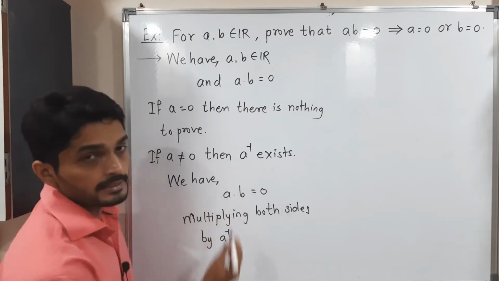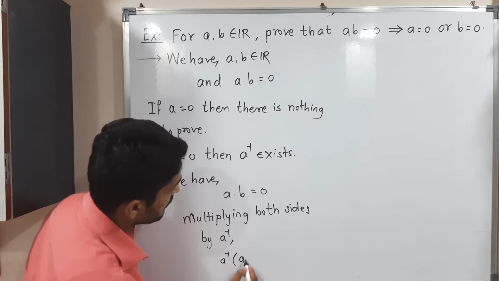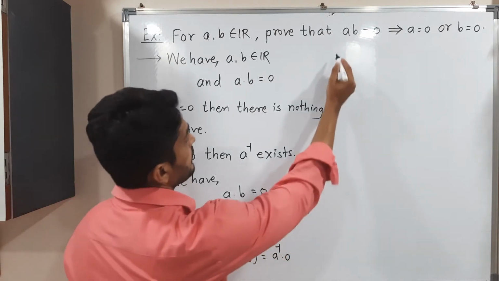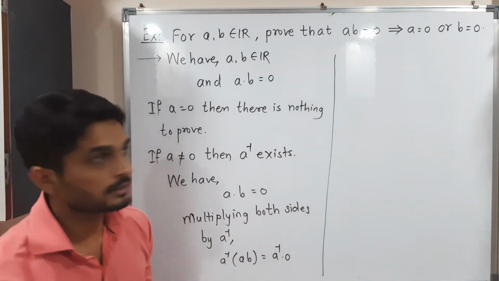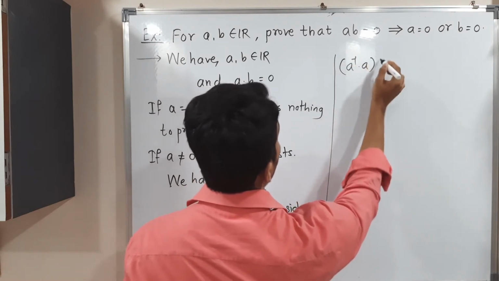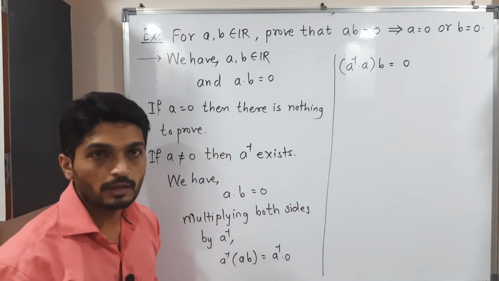Okay, a inverse exists, so that's why we can multiply both sides. So a inverse ab is equal to a inverse into 0, right? Multiplication is associative, therefore a inverse into a into b is equal to 0, since we have proved anything into 0 is 0.